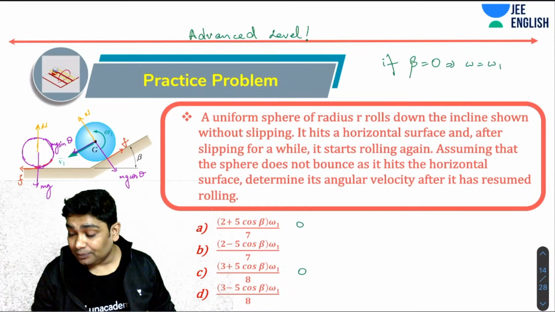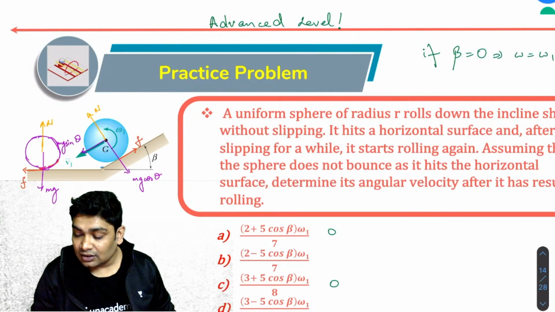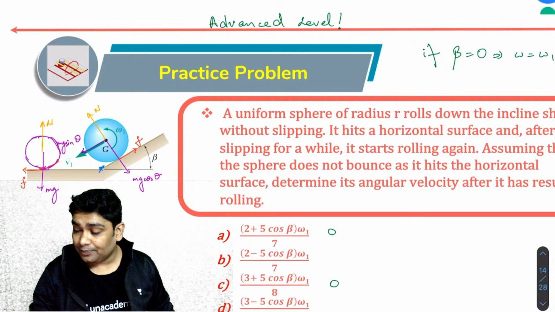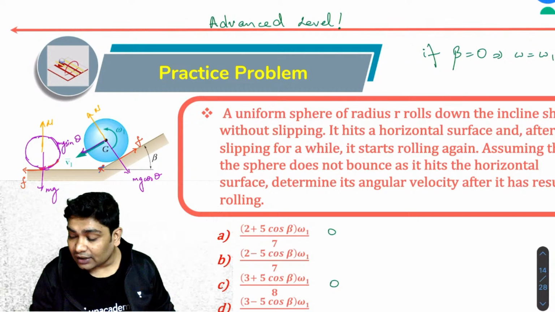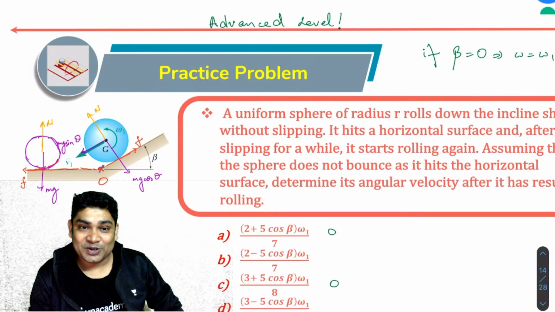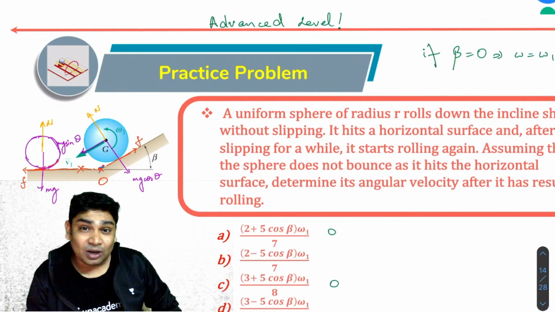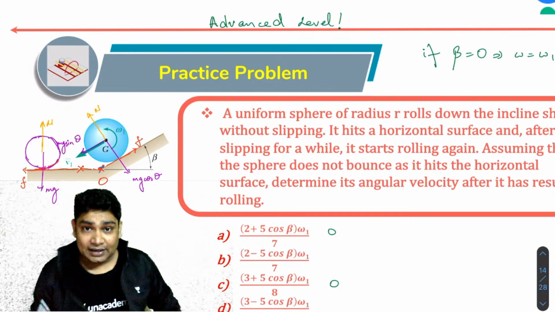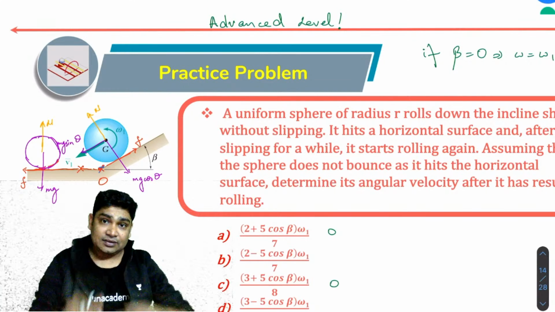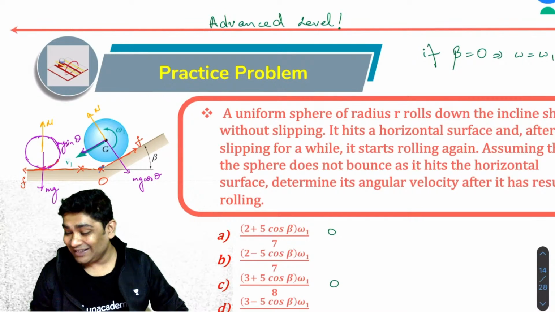Now, if you talk about the external forces, just before it hits this, and just after it hits this, what you realize is if you choose this point, then the friction acting here and the friction acting here both pass through this point O. About any point here, you would have seen that the total angular momentum would have remained conserved, because about any point lying on this line, after it has touched this, there would be no external impulse on this.